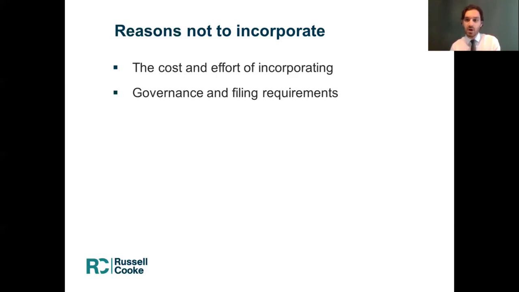So one example of what can be a big hurdle and can put a stop on a plan to incorporate is if an unincorporated charity has a defined benefit pension scheme.